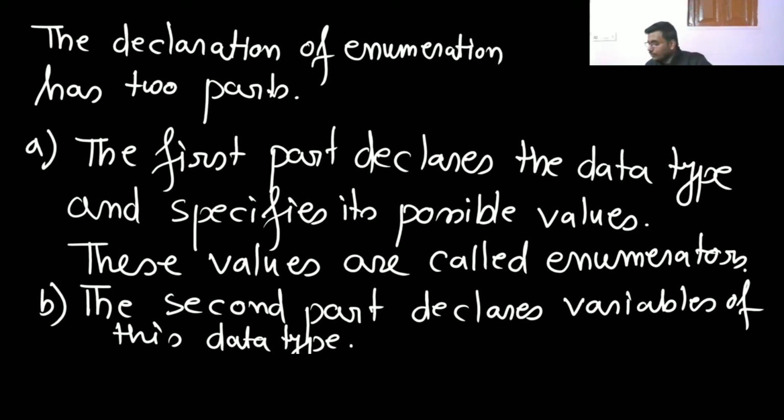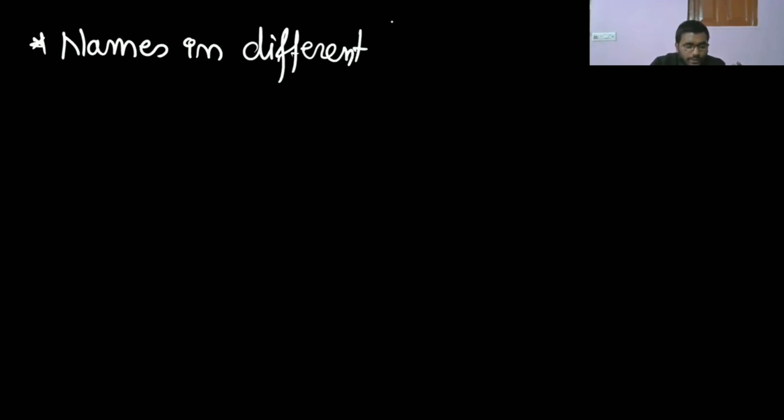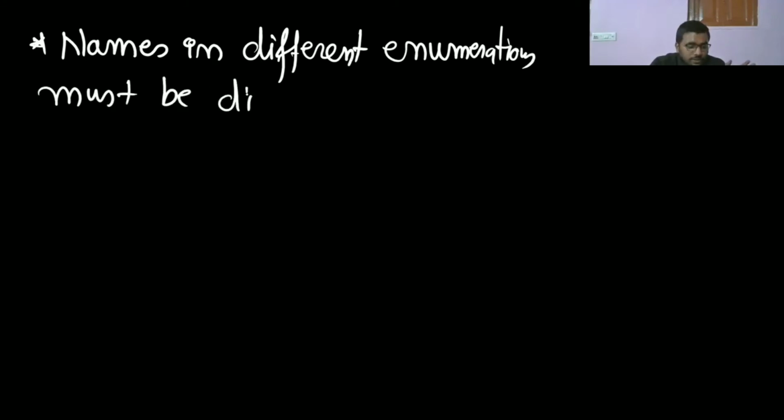One thing you should keep in mind is that whatever names you are giving in one enumeration, those names in another enumeration should be distinct. It means names in different enumerations must be distinct.